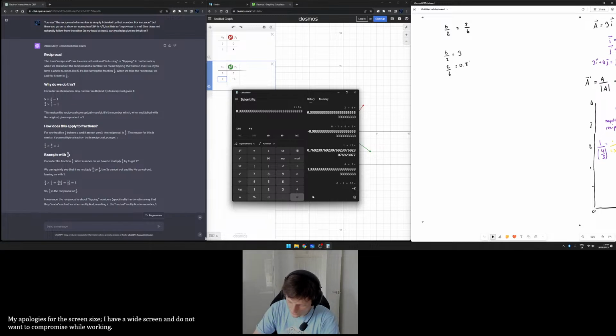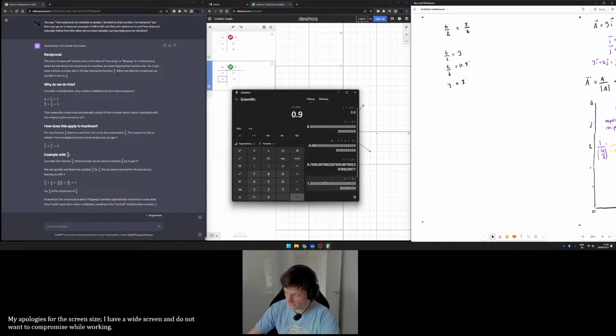And so 3 times 0.3 recurring is roughly 1. So that follows that example, right?